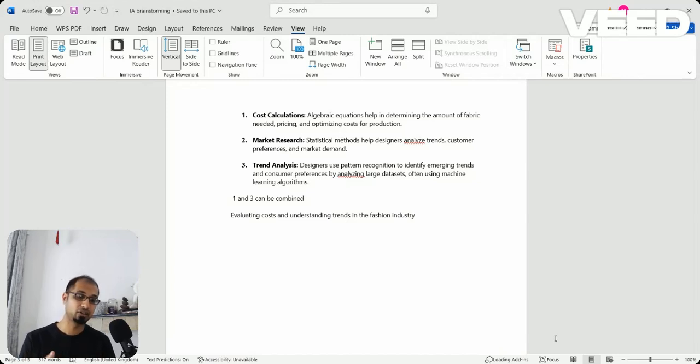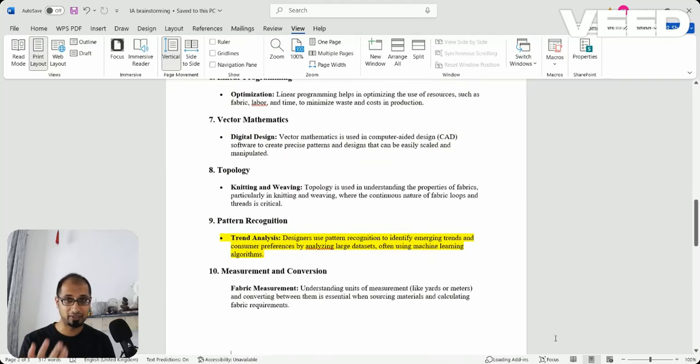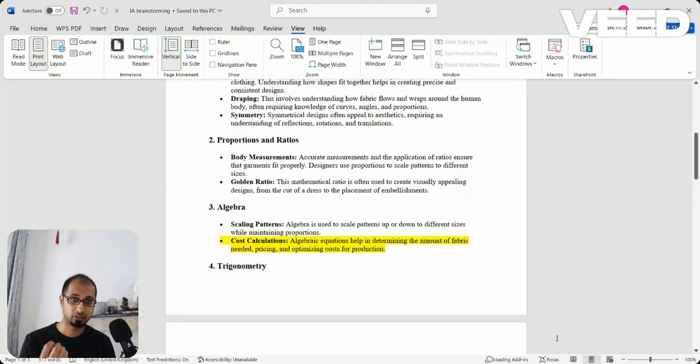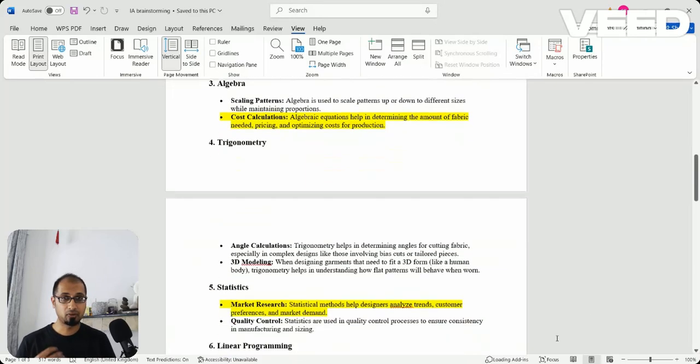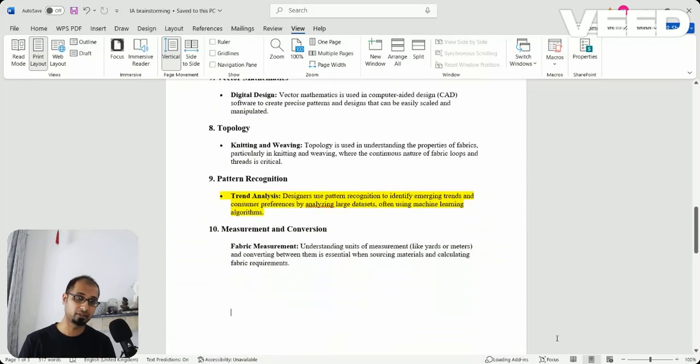And we've looked at three mathematical techniques or domains which can be explored further and which do exist out there. So we just need to now find the equations. The task I've assigned to the student is to go out there and find those algebraic equations which help in determining the amount of fabric needed and all those things. So that's how you start the process.